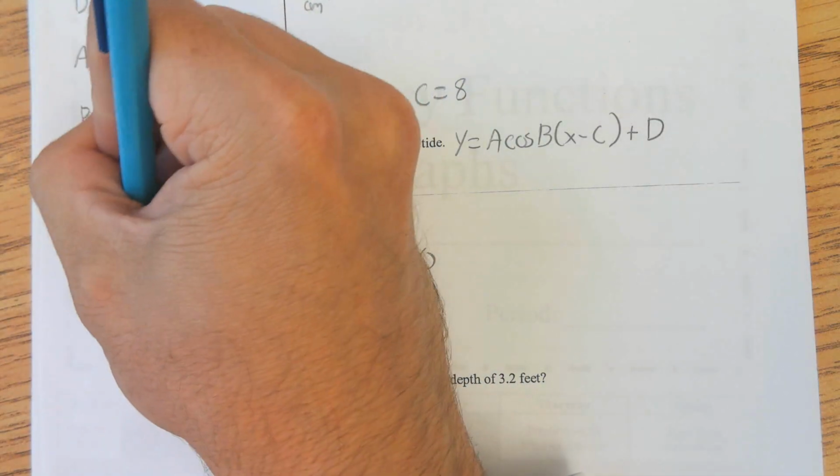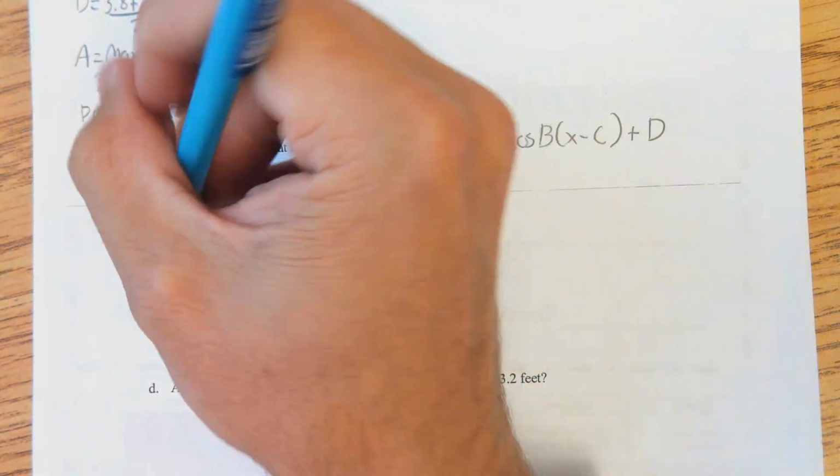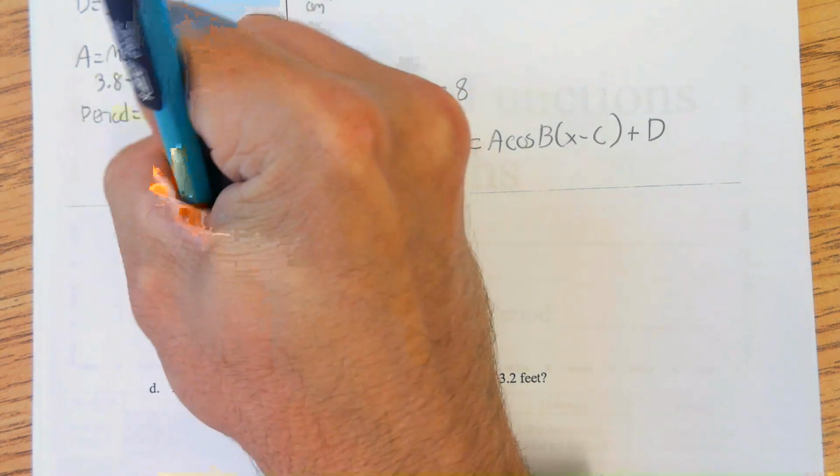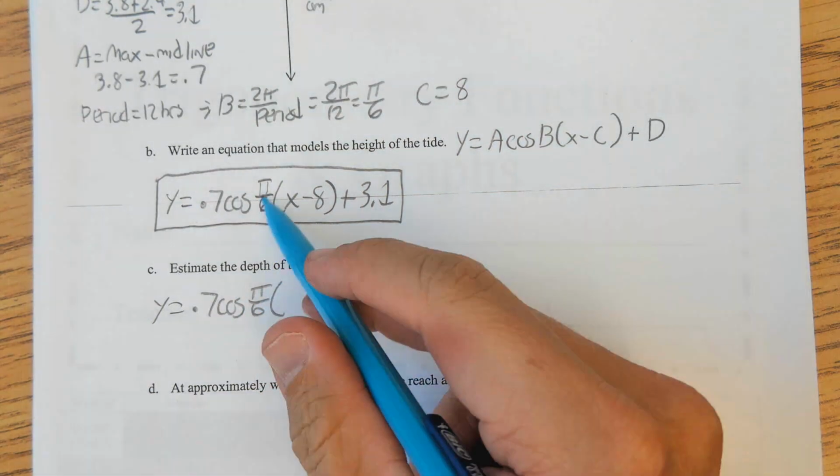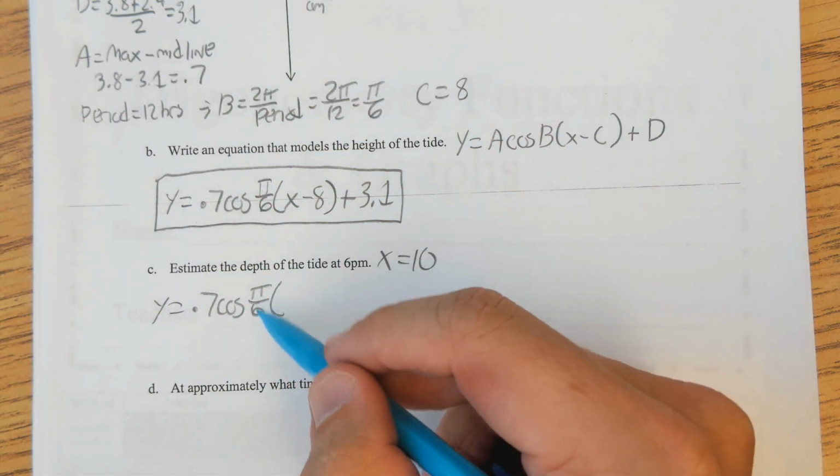Okay, so it looks like it's going to be this. So this is what you're going to put in your calculator. You're going to do y equals 0.7 cosine pi over 6, 10 minus 8, plus 3.1. Please make sure your calculator is in radians because of this pi over 6 here.